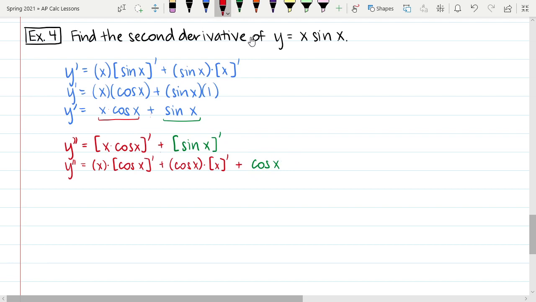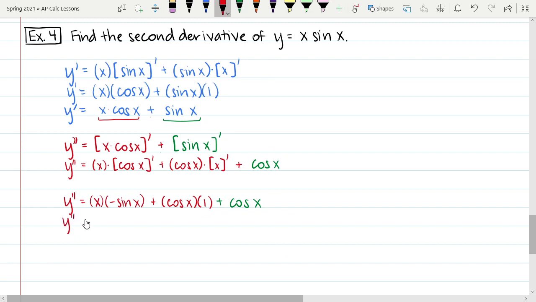All right, and then to finish off the first part, now we've got y double prime equals. So that's going to be x times a negative sine of x plus cosine of x times a 1 plus cosine of x.